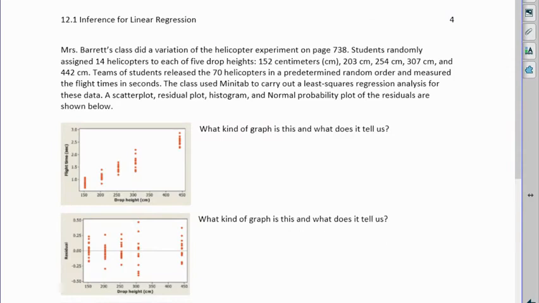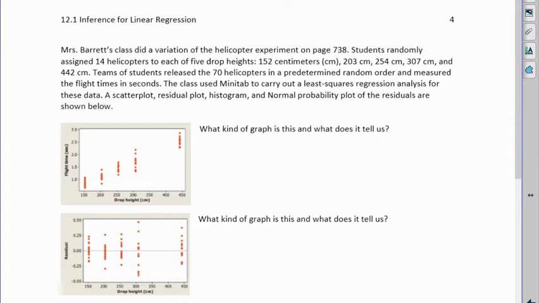Let's look. Okay, so we've got this helicopter experiment from page 738 in your textbook. They have 14 helicopters. They're going to be dropped from 5 drop heights. And the team of students are going to release 70 helicopters in a predetermined order, but it was done randomly.